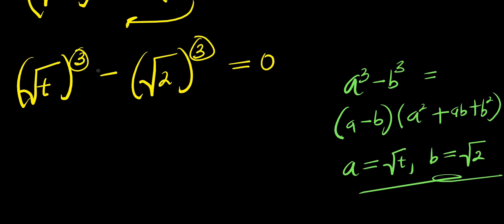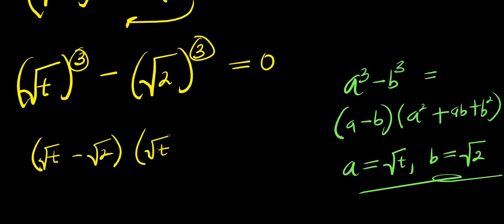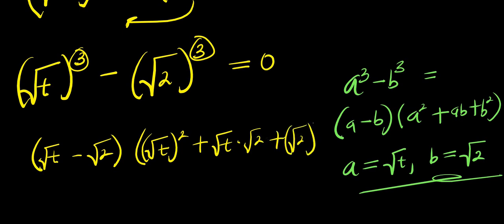So let's do that here. That means we are going to have root t minus root 2 times root t squared plus root t times root 2 plus root 2 squared, and this equals 0.